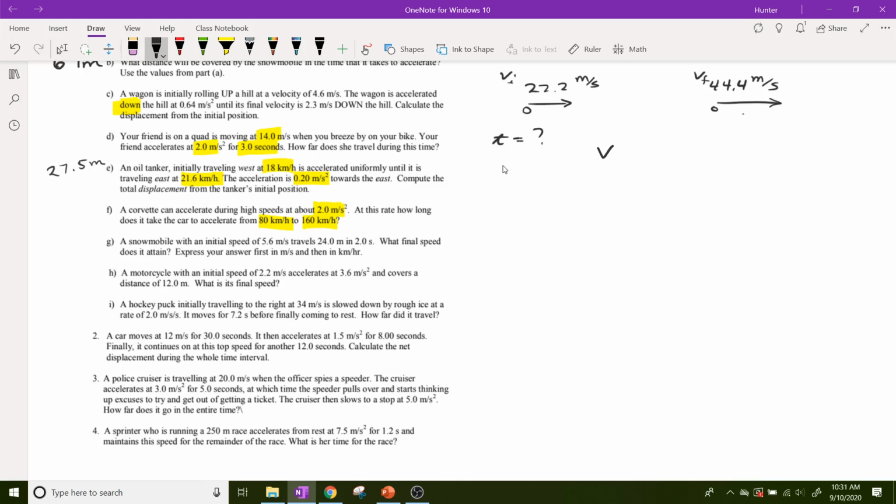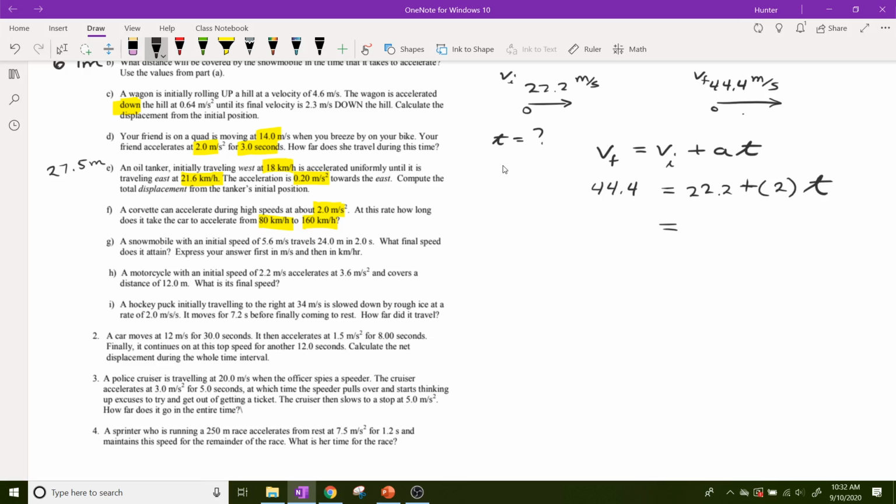So we want VF equals VI plus AT. VF is 44.4, VI is 22.2, plus the acceleration, positive 2 meters per second squared, times the time. Subtract and then divide, and we're good to go.